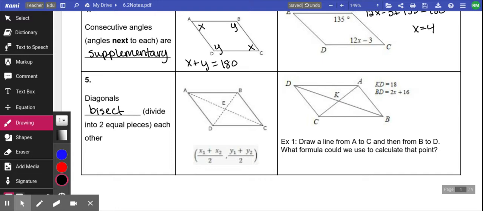Which means that AE is equal to EC, and then BE is equal to ED. However, I want you to remember that BD is not necessarily equal to AC.